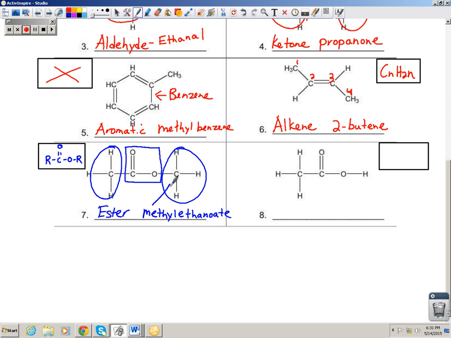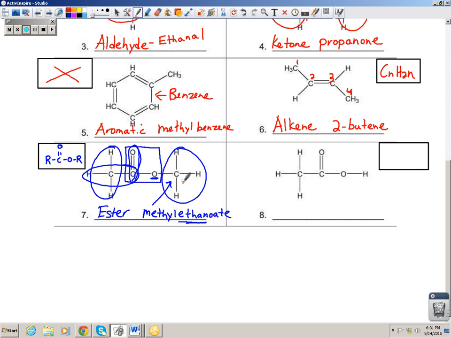The reason this is the methyl or the branch name is because that's the one attached to the oxygen. And then my base chain name is the side that's attached to my double carbon oxygen. This is the base chain name, and then this is the branch name.